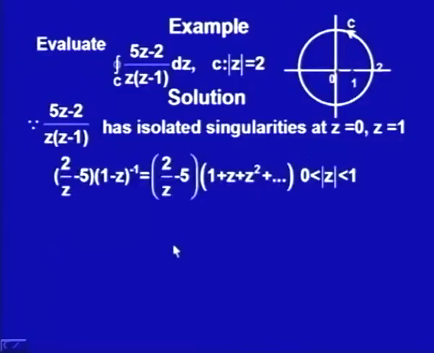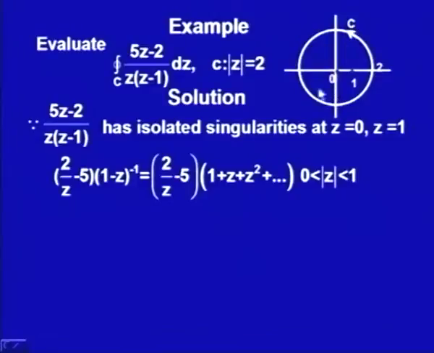Let us first find the residue. The first method I am applying is finding the residue using the Laurent series. This function we write as (2/z − 5)(1 − z)^(−1), taking z out from the denominator.